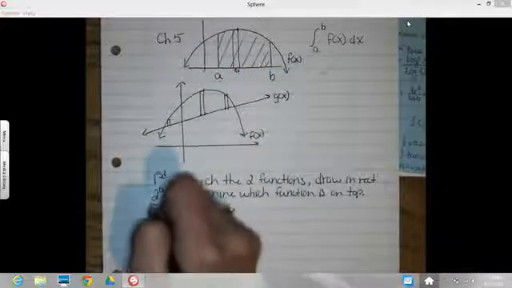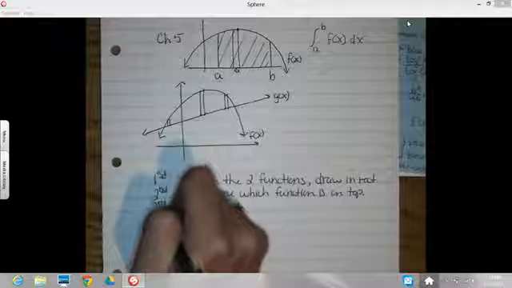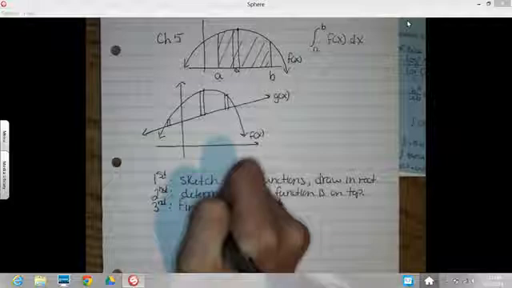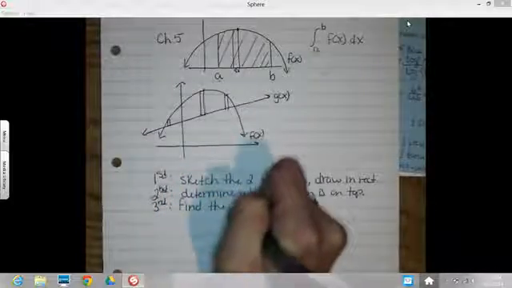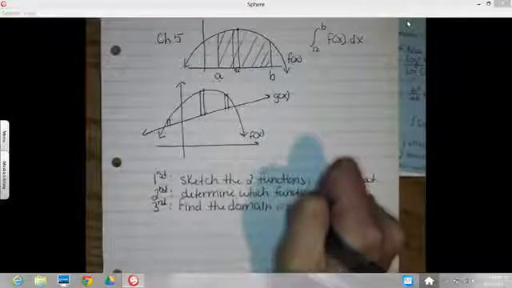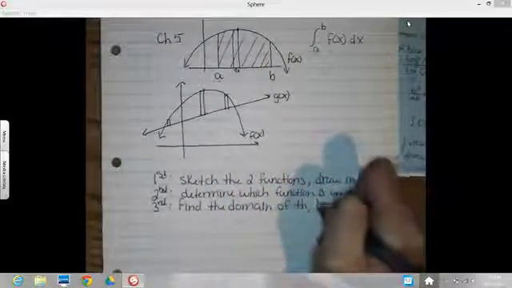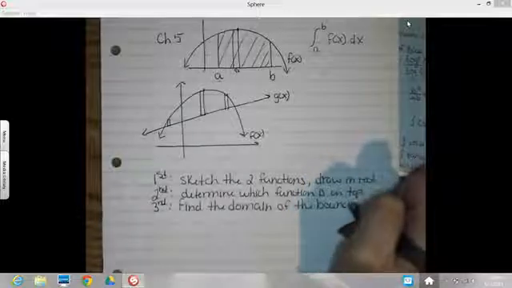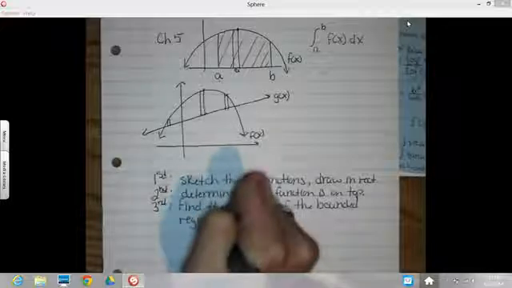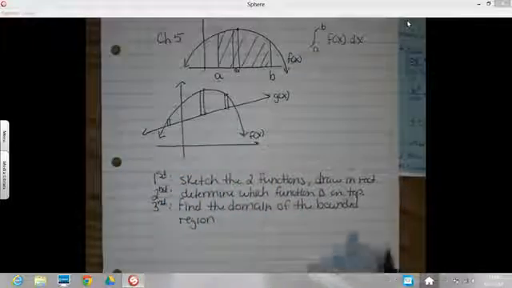So then the third step is to find the domain of the bounded region. In other words, you want to know what part of the x-axis the first intersection starts at, to the other end of the intersection.